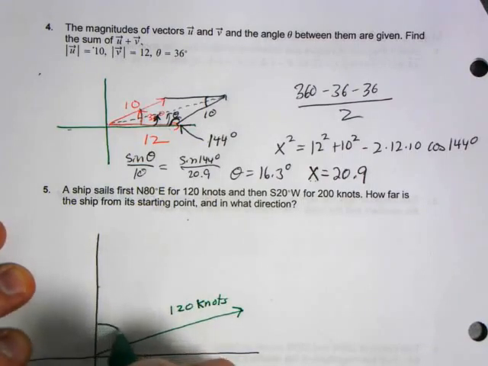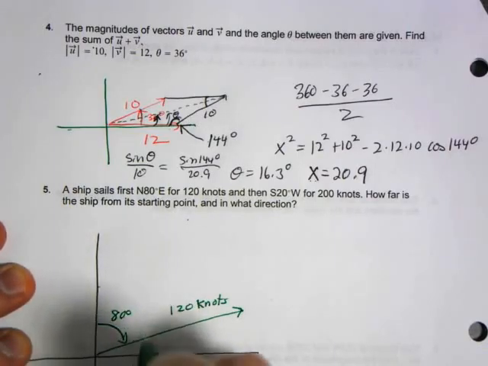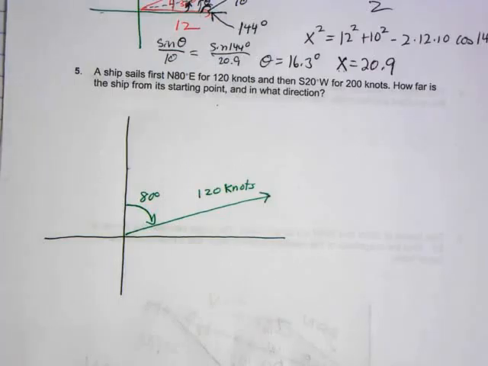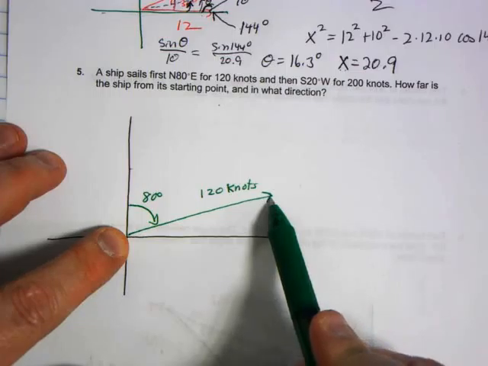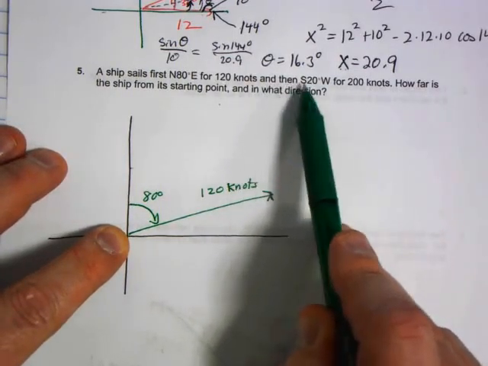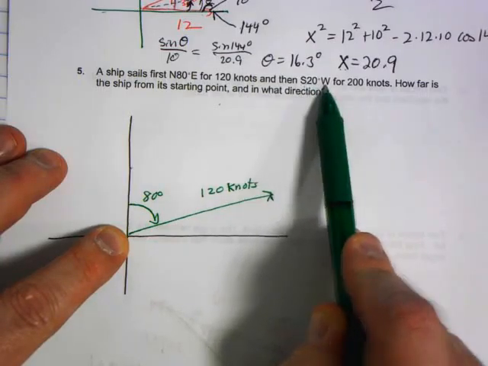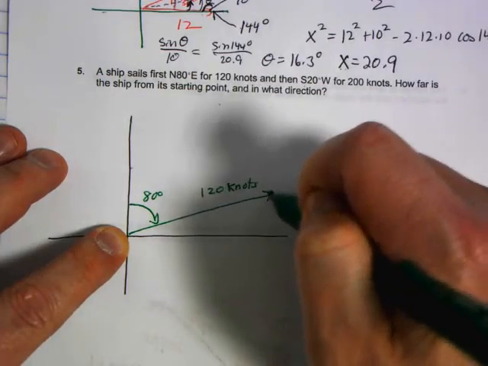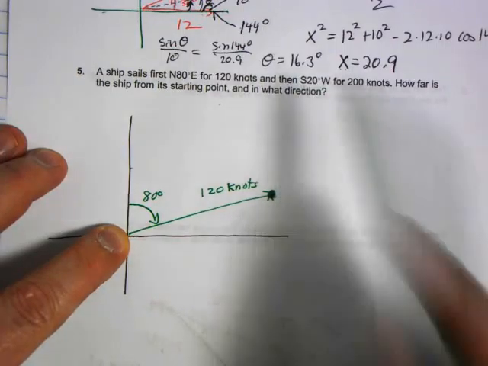This angle right here is the 80 degree angle, which means this one inside is 10. We might need that in a minute. I'm not going to draw it yet, so things don't get too ugly. So the ship went that way for 120 knots. And then it turned and went south 20 degrees west for 200 knots. Starting right here, what would south 20 degrees west look like?